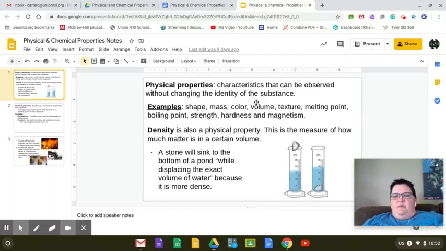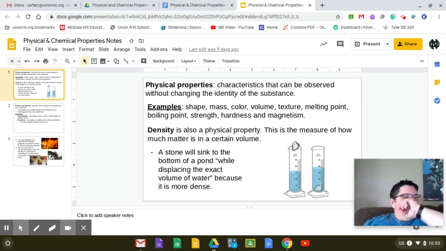Physical properties are characteristics that can be observed without changing the identity of the substance. So we're not changing exactly what it looks like, its shape. You're just looking at it or using the main senses to determine some characteristics about it.